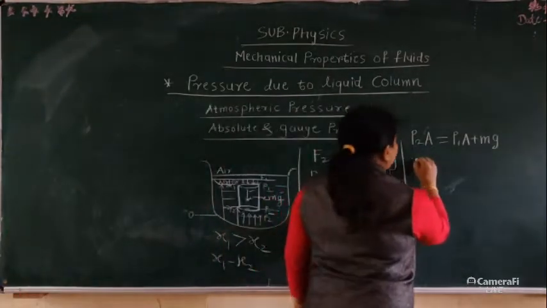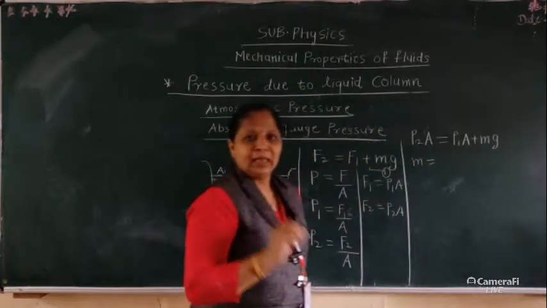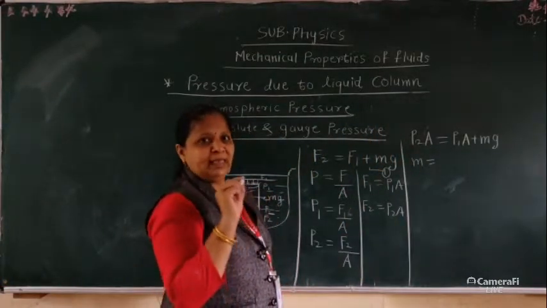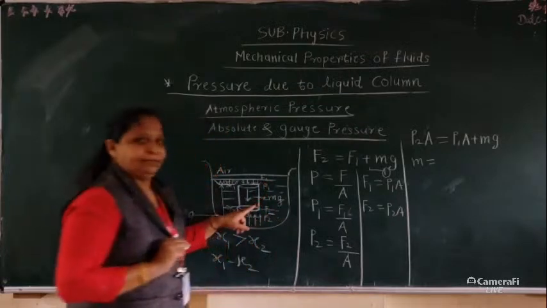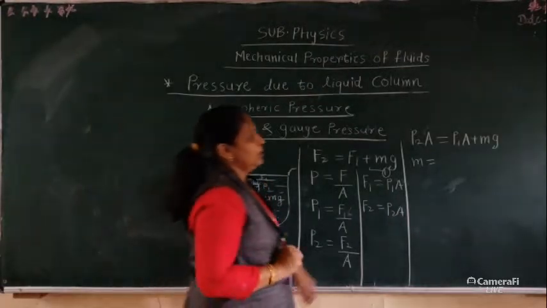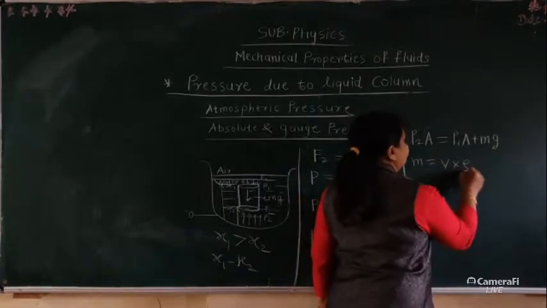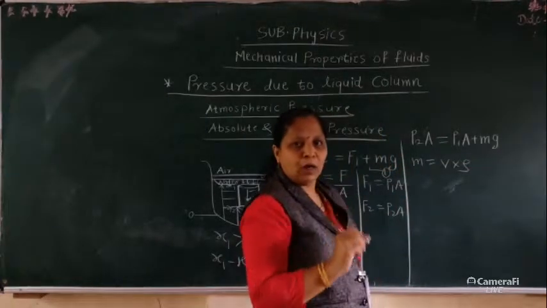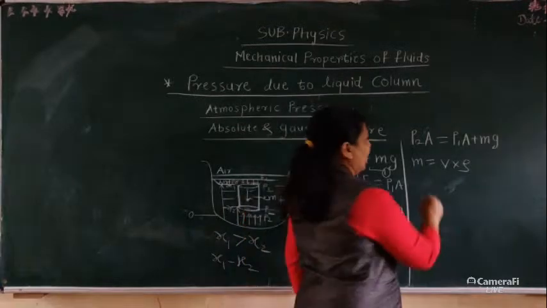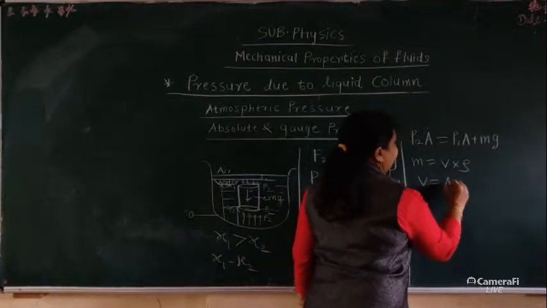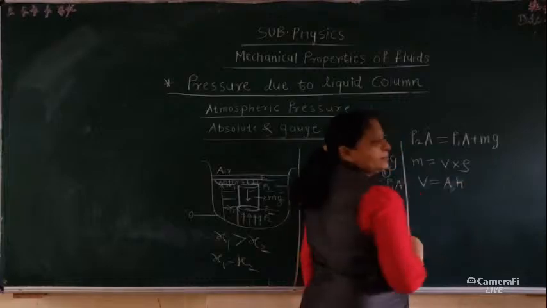Here, M means the mass of the liquid which is in this cylinder. So M is equal to volume into density. Again, volume means area into height.